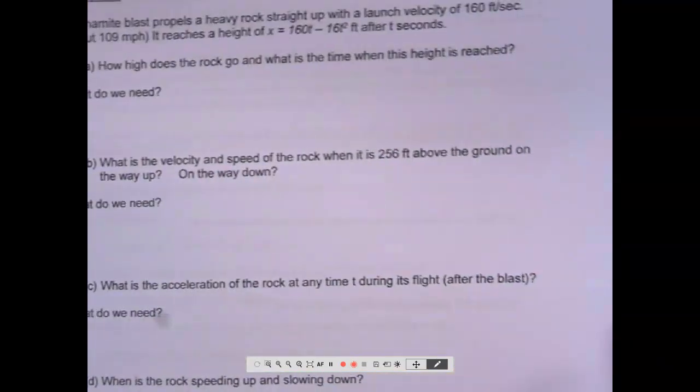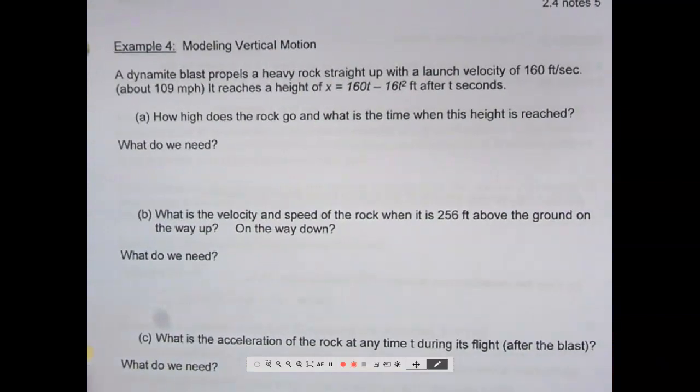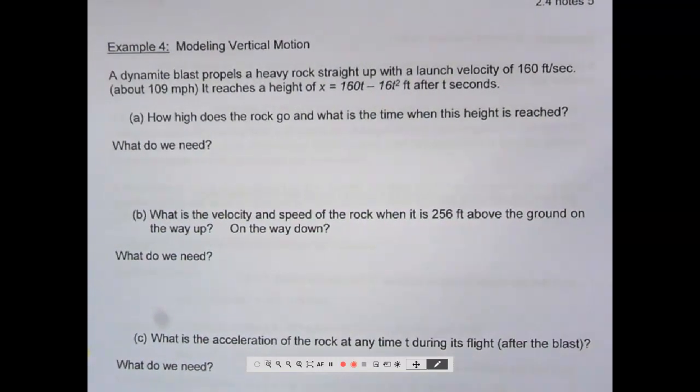Alrighty, next page. Modeling vertical motion. Ooh, this is a good one here. A dynamite blast propels a heavy rock straight up with a launch velocity of 160 feet per second, which is about 109 miles per hour.